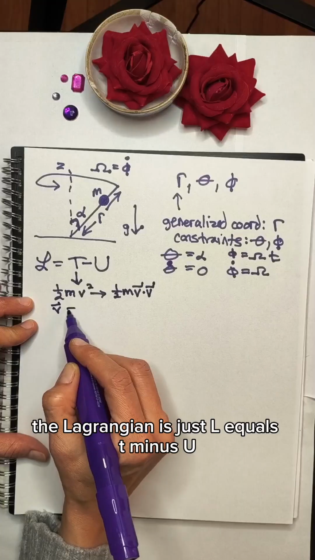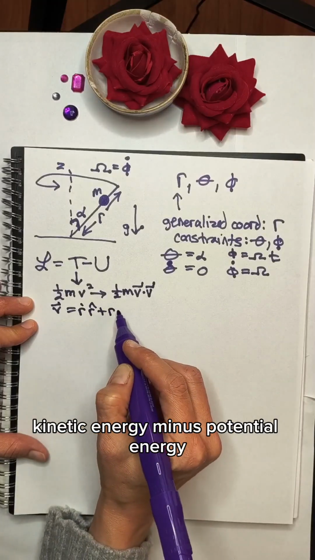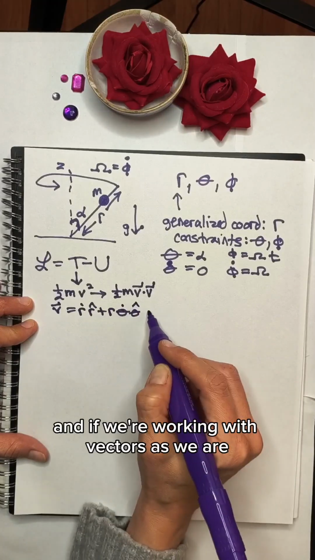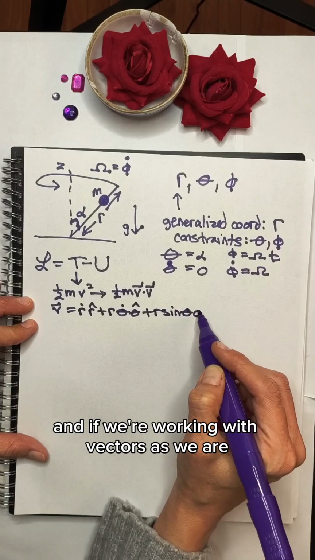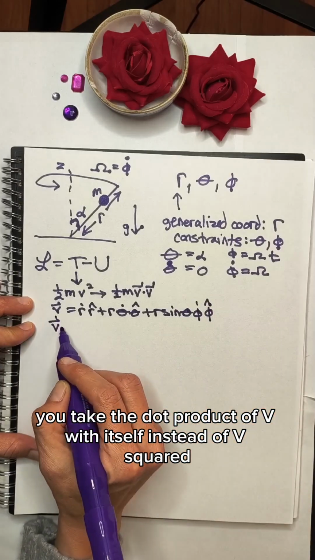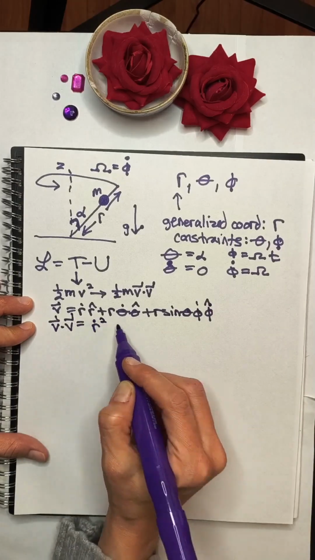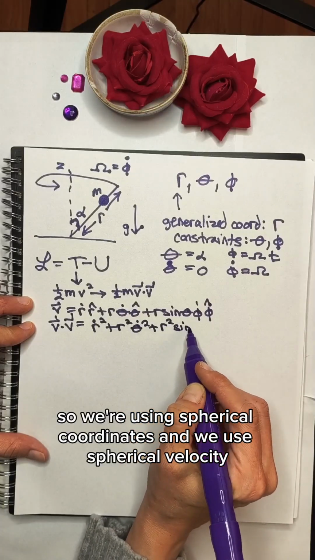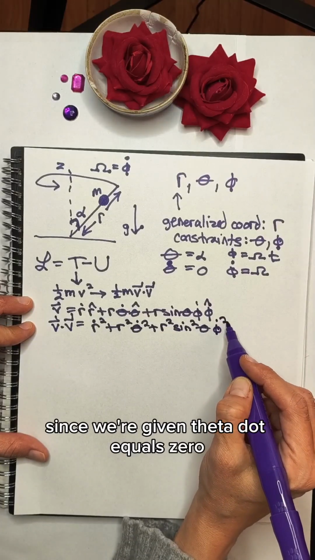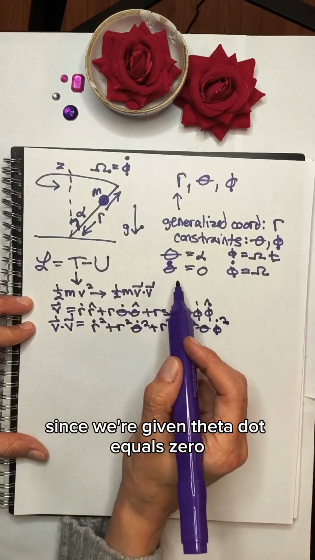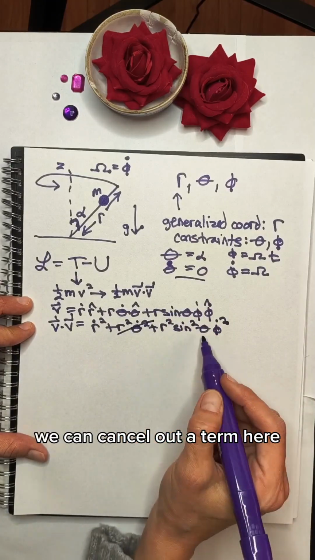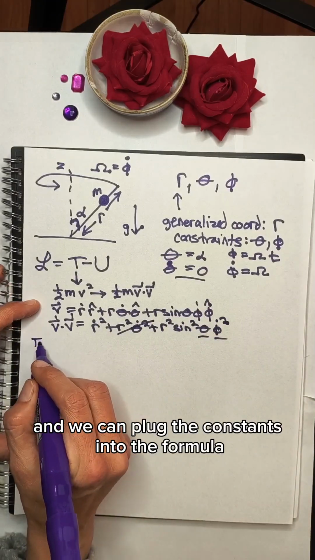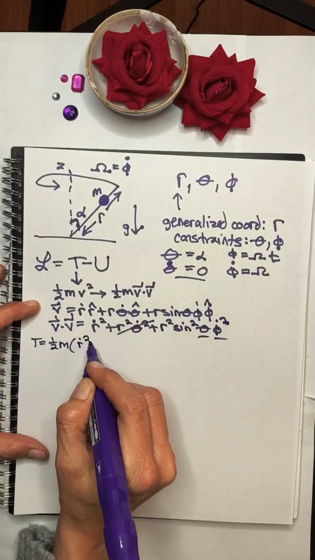The Lagrangian is just L equals T minus U, kinetic energy minus potential energy. And if we're working with vectors as we are, you take the dot product of V with itself instead of V squared. So we're using spherical coordinates and we use spherical velocity. Since we're given theta dot equals 0, we can cancel out a term here and we can plug the constants into the formula.